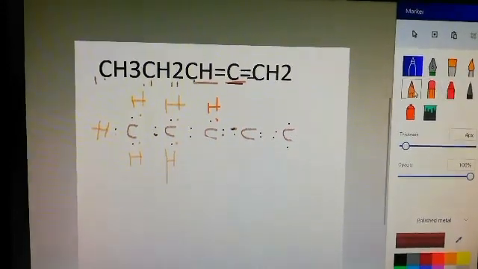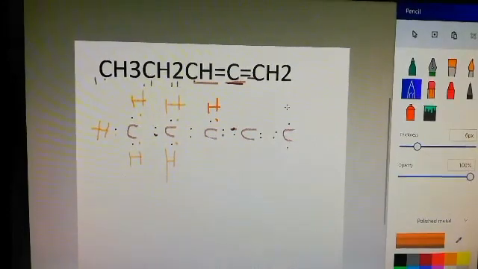So, ngayon naman, I'll fill that out with our 2 hydrogen atoms. So, that's the electron dot structure of that pentane. Okay?